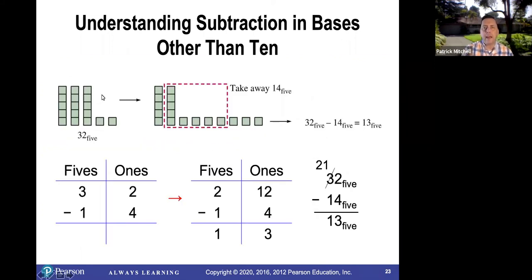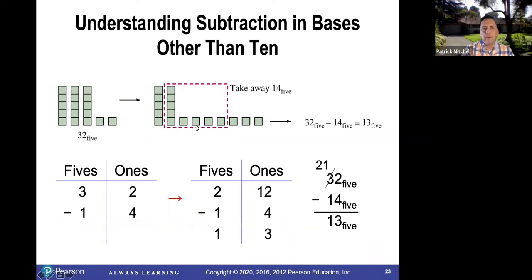Here is a blocks model, again in base 5. So the problem is 32 minus 14. So here are my 3 longs and 2 units. Again, you can think of these as 3 nickels and 2 pennies. In order to take away 4 pennies, I have to trade in one of these longs for 5 units.